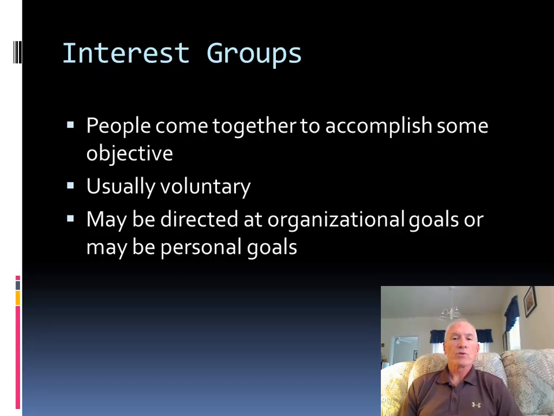You may have officers who come together for a police athletic league to become more involved in the community, and provide recreational resources or outlets for youths in the community. So this is an interest group, and typically these things, while usually associated with the organization, aren't necessarily a part of a formal group in the organization.